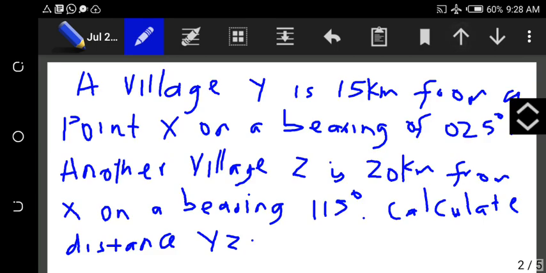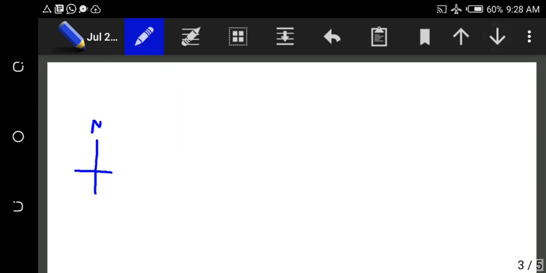Alright, so you draw your pole. Remember, this is your north. Going back to the question, a village Y is 15 kilometers from a point X on a bearing of 025 degrees. That means that from X, when you go 25 degrees from north, remember that is a true bearing, 025 degrees, we'll move from the north pole 25 degrees.